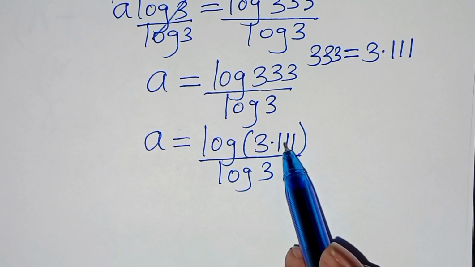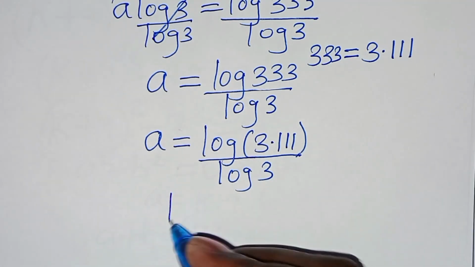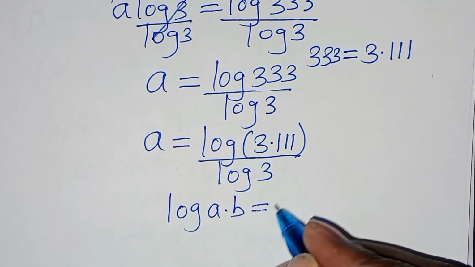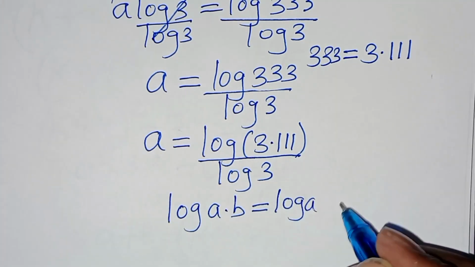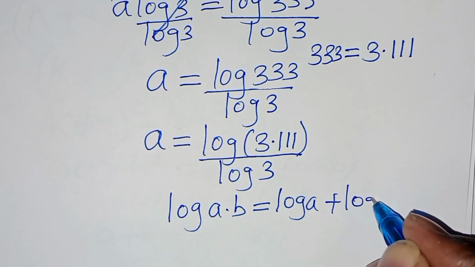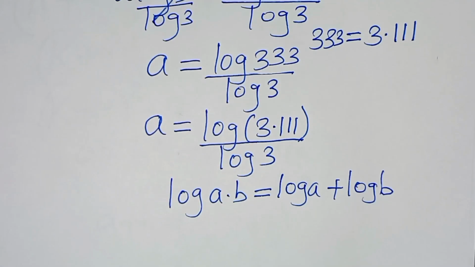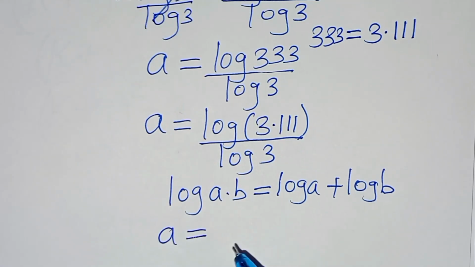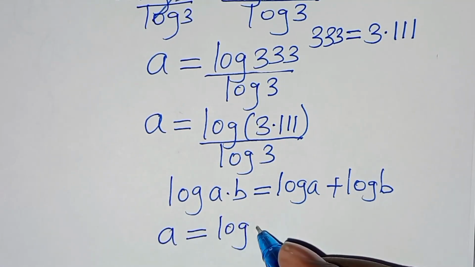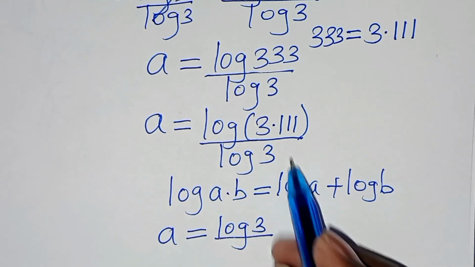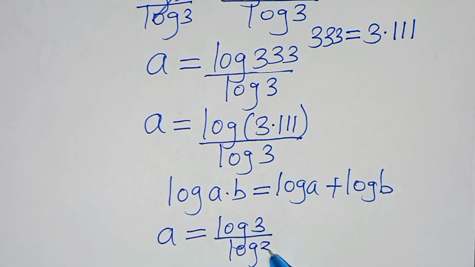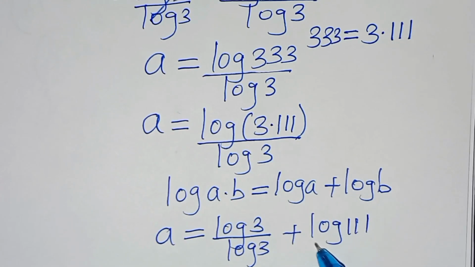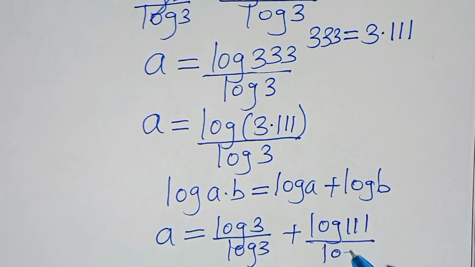Now, log 3 times 111, this is in the form of log a times b, which you can express as log a plus log b. So applying this logarithm property, then here we'll have a is equal to log 3 divided by log 3 plus log 111 divided by log 3.